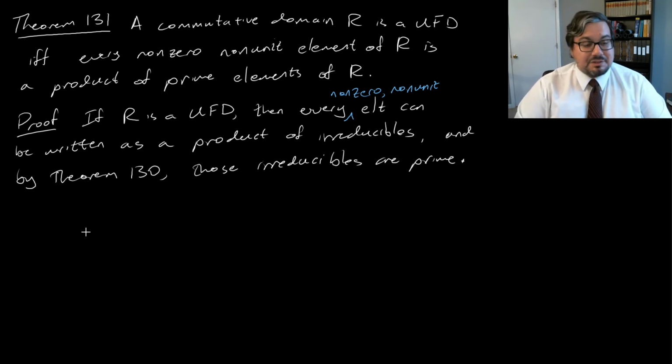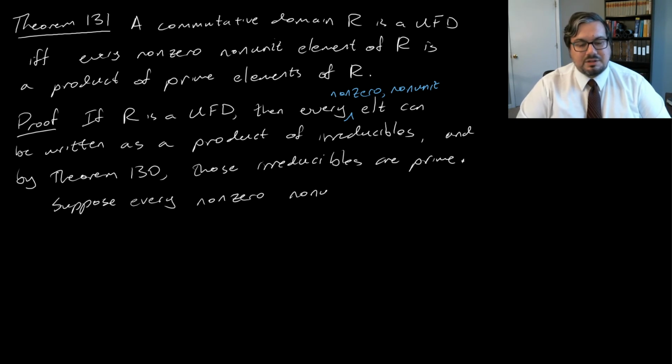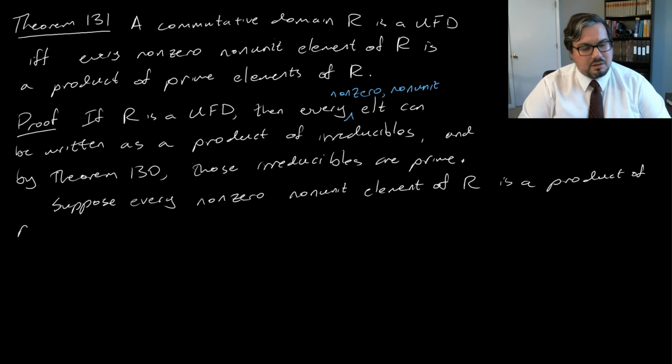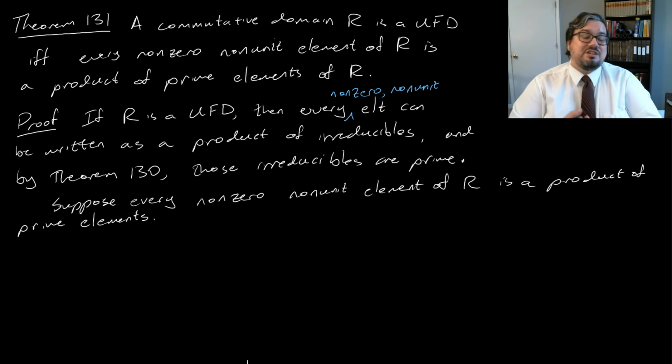So let's go the other way. Now let's suppose that every non-zero, non-unit element of R is a product of prime elements. What we have to show now is that R is a UFD.